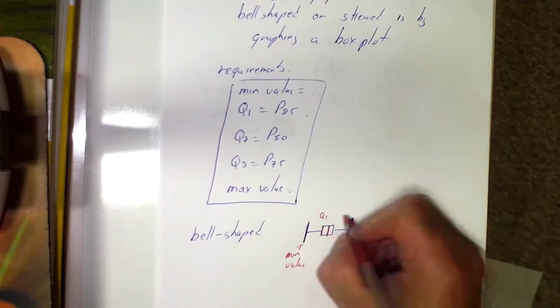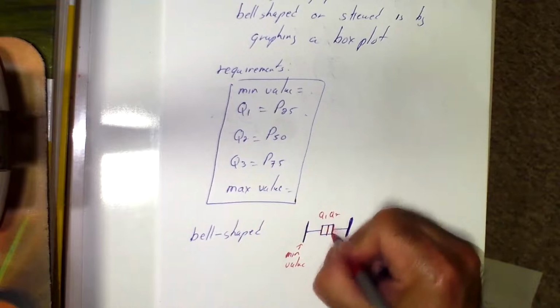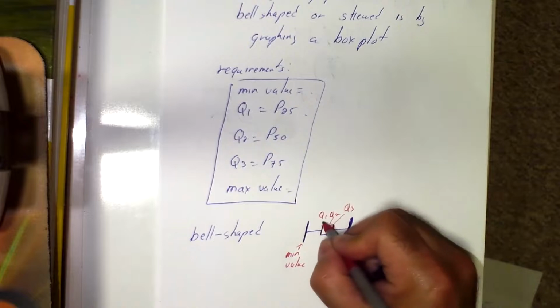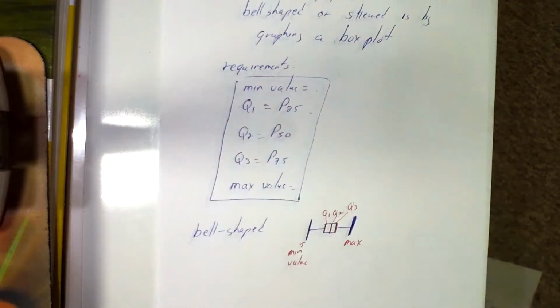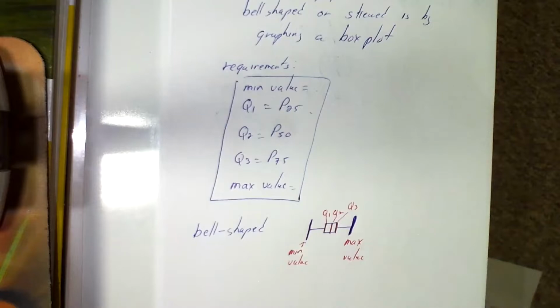The middle is your Q2. And the right edge of the box is your Q3. And the far right line is your max value. That has to be a TIE fighter.